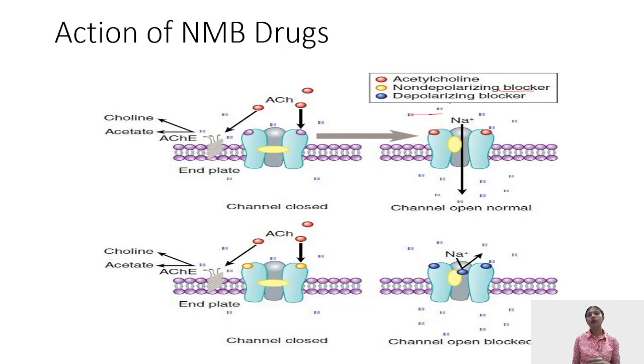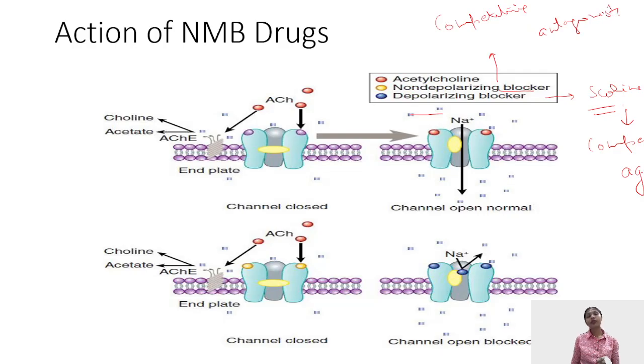The depolarizing blockers are the succinylcholine. Now how they work is they all are competitive agonists. Please remember, they all are competitive agonists, which is different from non-depolarizing blockers, because these all are competitive antagonists.